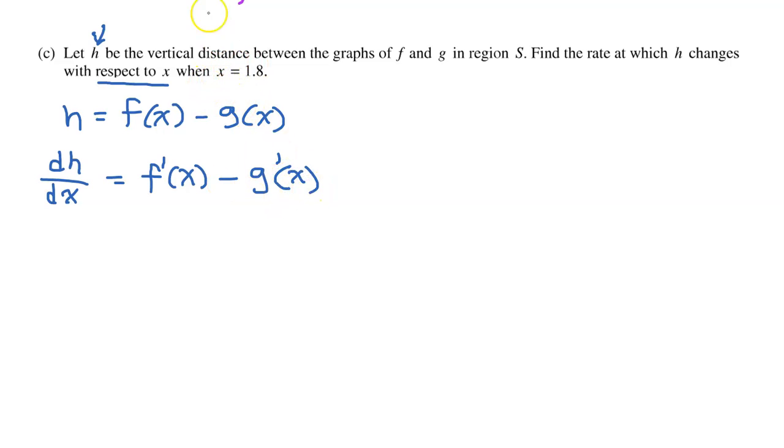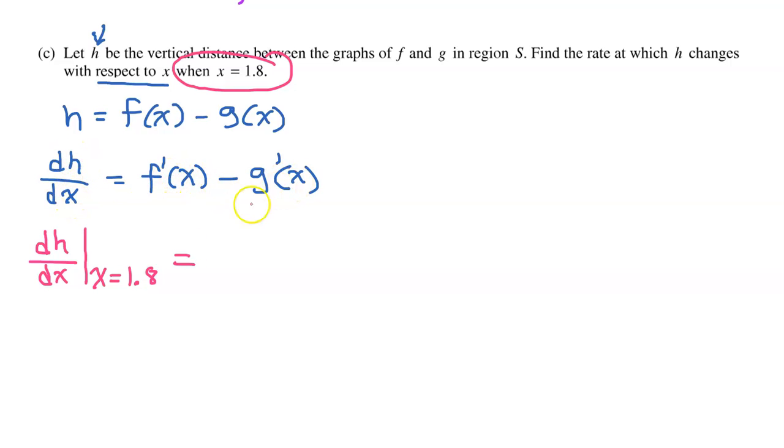We specifically are to evaluate when x is 1.8. So in other words, we want the value of dh dx when x is equal to 1.8. Well, we have this expression for dh dx.